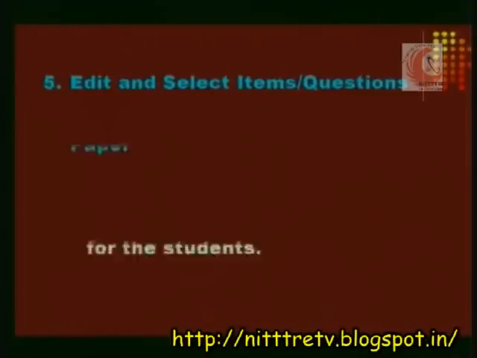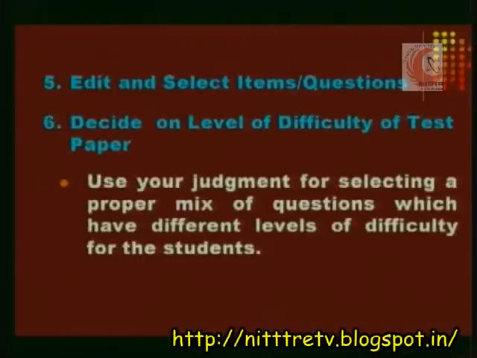After that you are to see the level of difficulty of the test paper. Use your own judgment for selecting a proper mix of questions which have different levels of difficulty for the students. Say you take any chapter, maybe software requirement specifications.